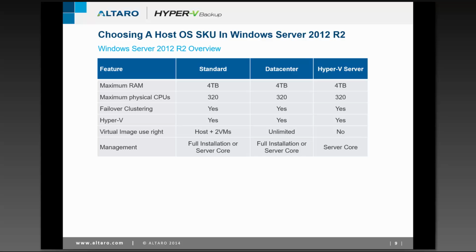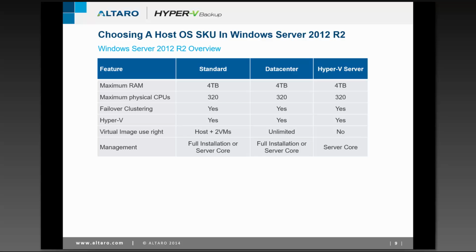And the real difference here is licensing. With the Standard Edition, you get the right to deploy one host and 2 virtual machines on top of that. With the Datacenter Edition, you get 1 host and an unlimited number of virtual machines on top of that.